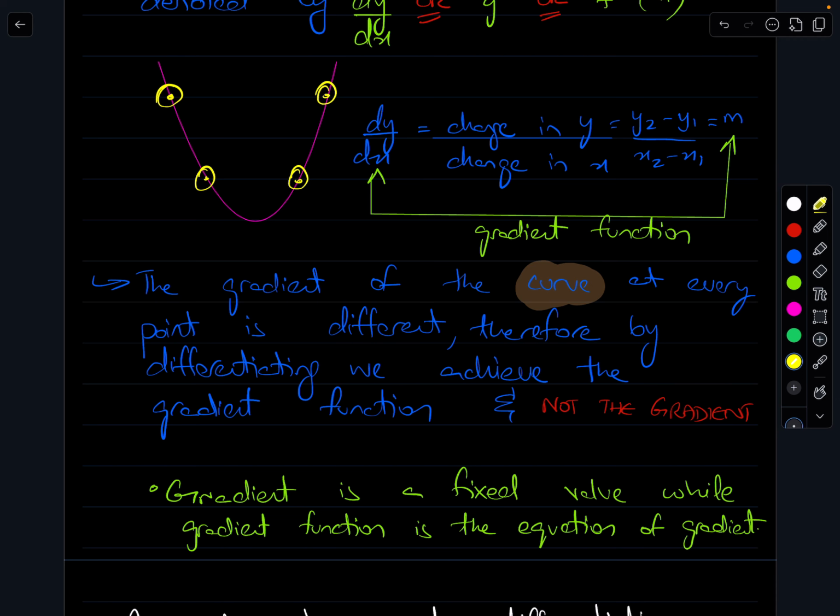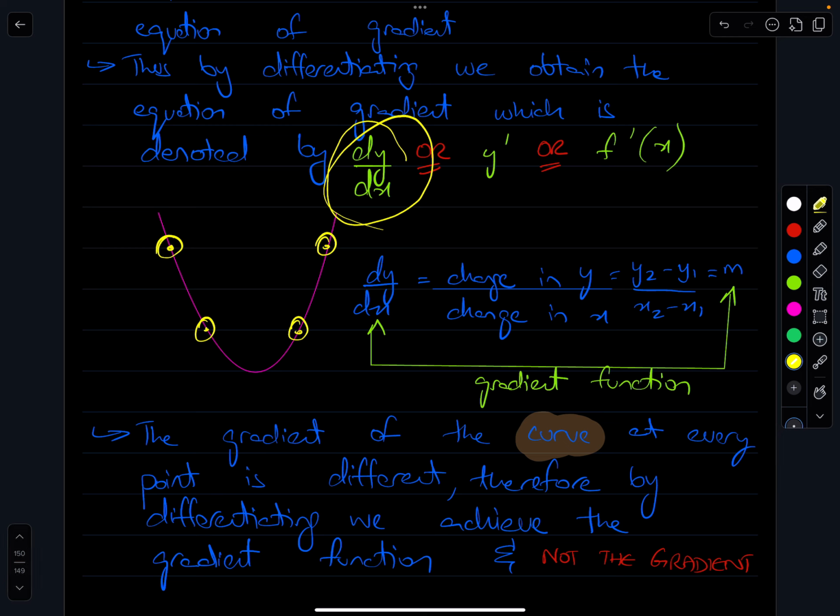So we come up with a common equation or a function which is referred to as dy by dx, and to find the gradient at any of these points, or infinite points rather, we only need the value of x, and by substituting the respective values of x we find the gradient.